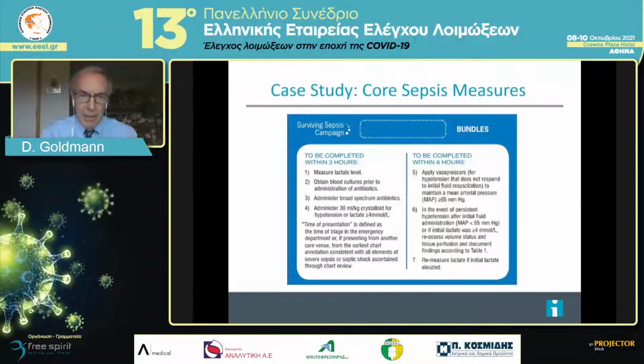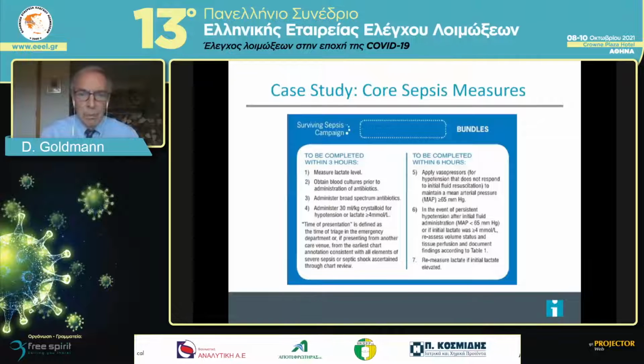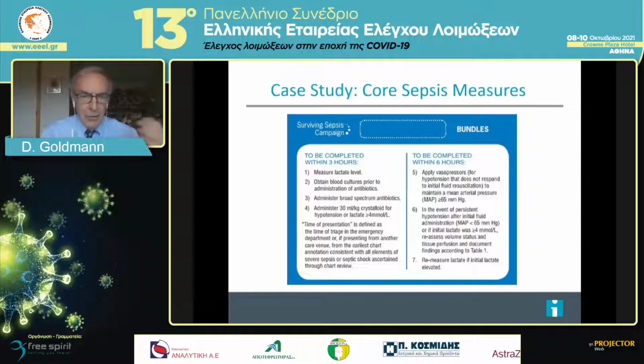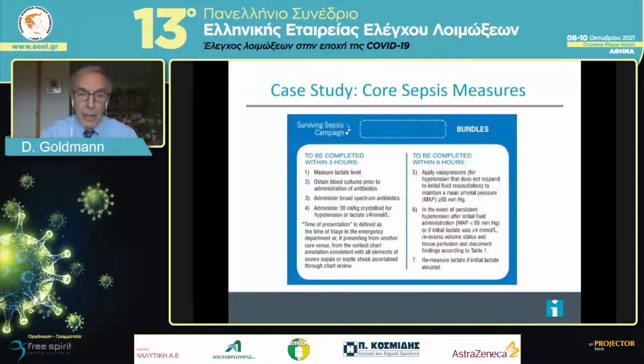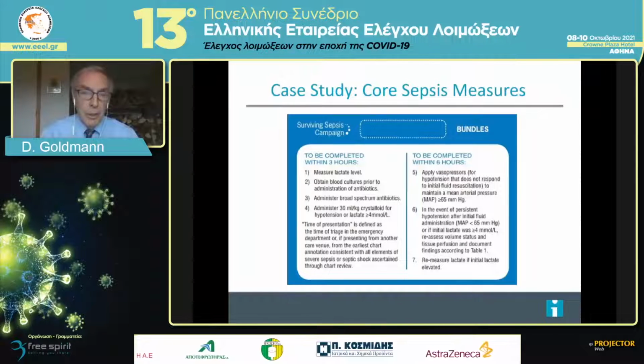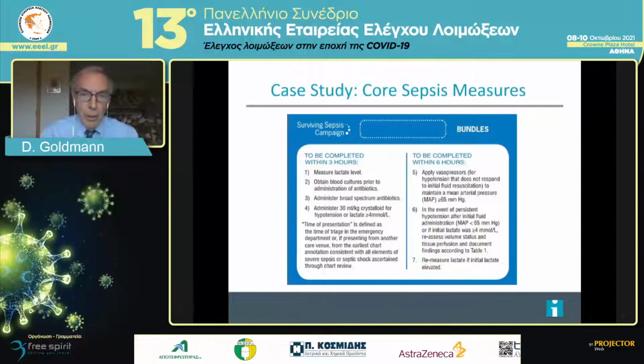The things that have to be completed in 3 hours that make some sense: lactate level, blood cultures, giving prompt antibiotics, giving fluid. This is all pretty much common sense, but the data show that antibiotics have to be given within 1 to 2 hours to reduce mortality. So right away, there's a problem.